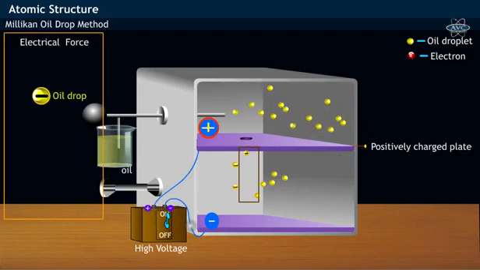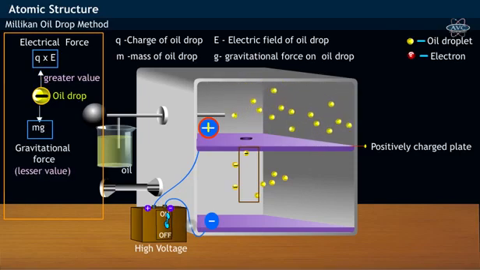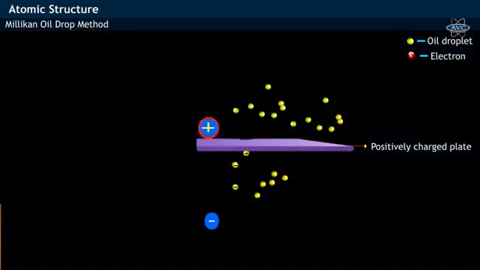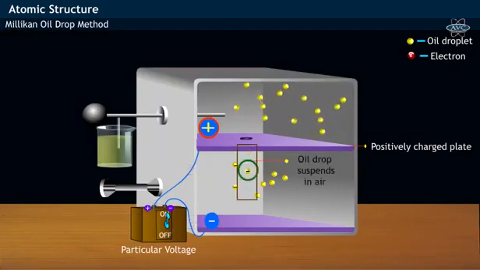This is because the electric force, which is the product of charge and electric field on the oil droplet, or QE, which is pointing upwards, is greater than the gravitational force mg acting in the downward direction. At a particular voltage, the oil droplets suspend in air.